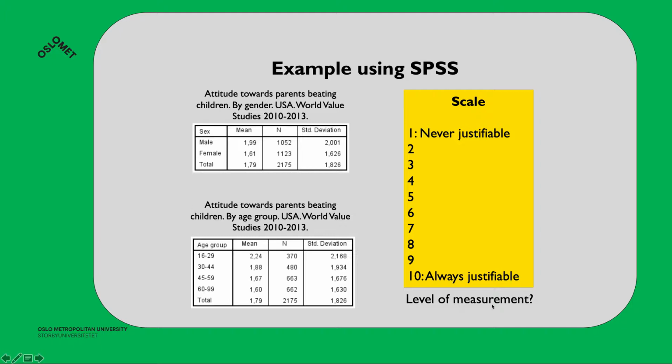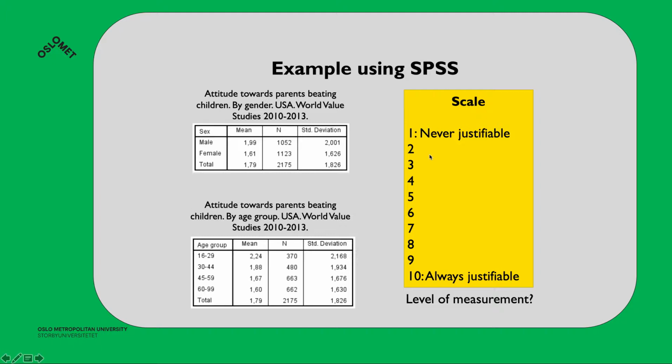And it's a question about measurement. Well, this variable is strictly speaking on the ordinal level, because there's a range. You can say that, okay, 2 is more than 1, 3 is more than 2, and so on. So there's a range, but you cannot really say that 2 is twice as much as 1 and 4 is twice as much as 2.